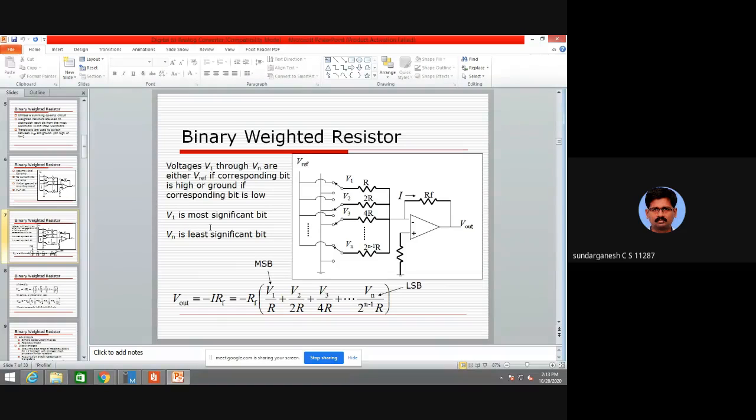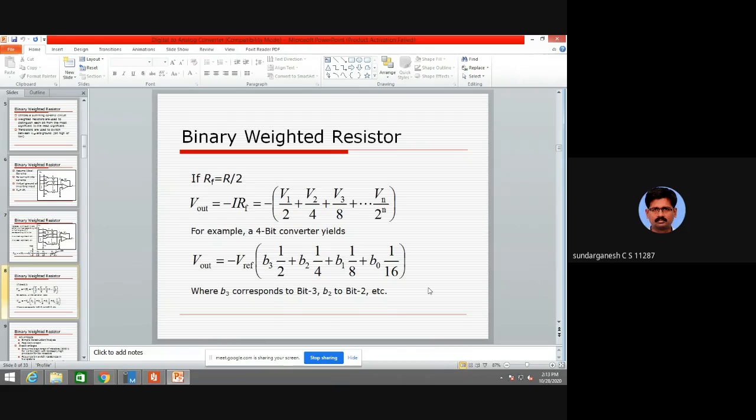Every resistor has a voltage given: V1, V2, V3, up to Vn. So V out equals minus RF times (V1 by R plus V2 by 2R plus V3 by 4R plus up to Vn by 2^(n-1) R).